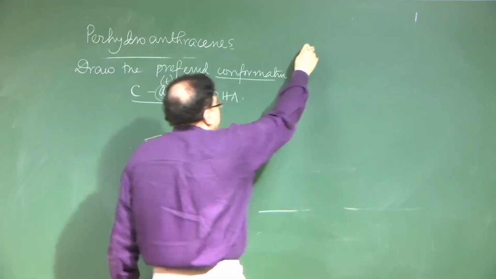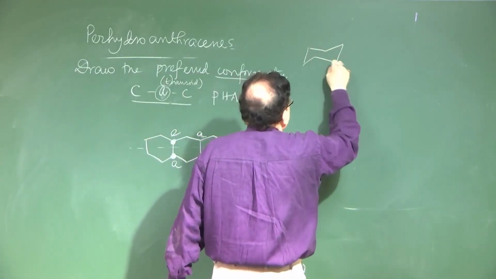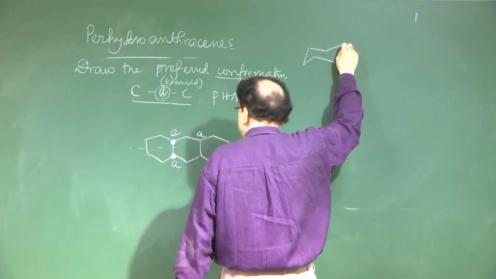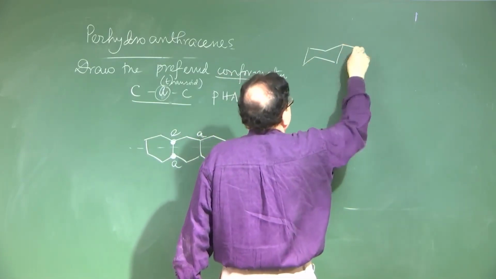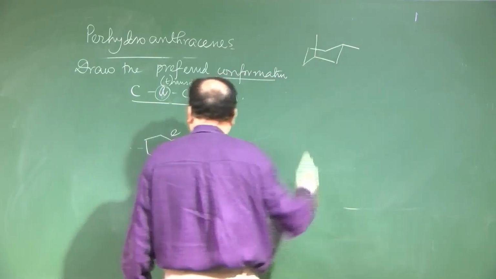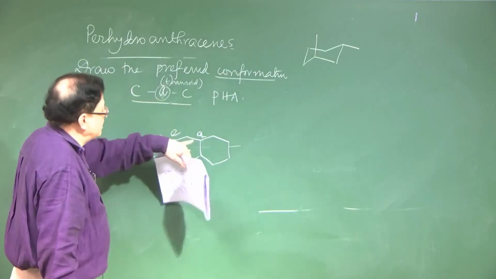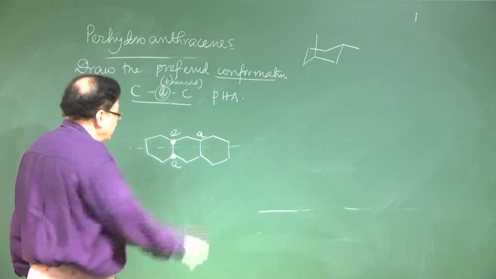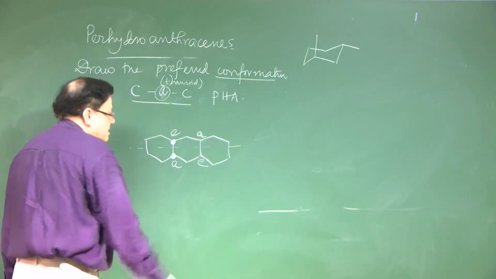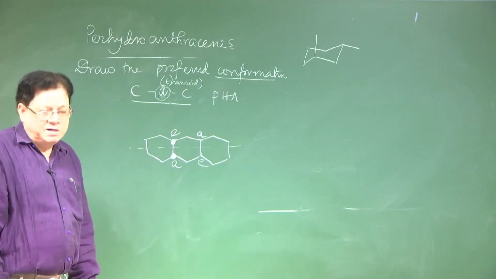If you are not that conversant, you can always make it clear that if one is equatorial, then in order to make it trans, the other has to be axial, or if one is axial, the other has to be equatorial.